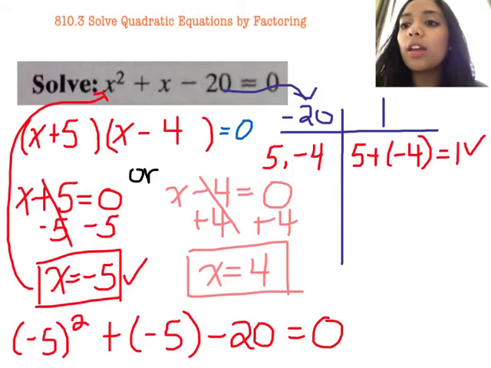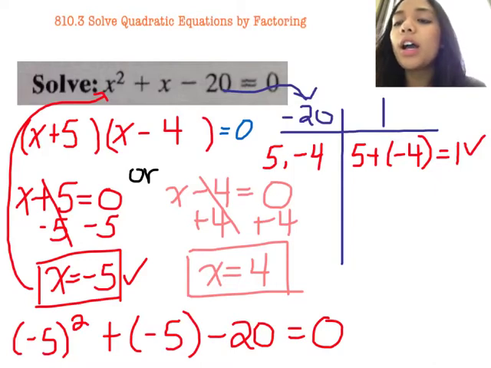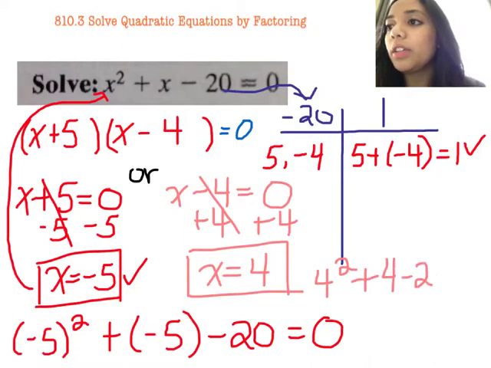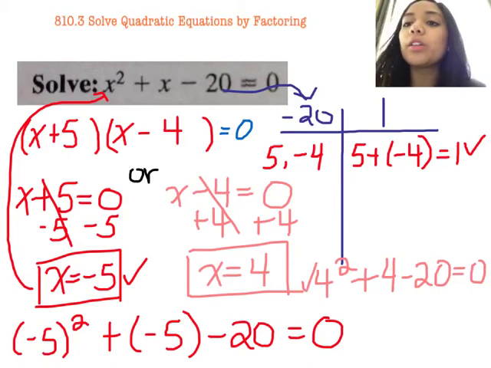And then let's go ahead and do x equals 4. So I'm going to go ahead and do 4 squared plus 4 minus 20 equals 0. That's 16 plus 4 is 20 minus 20 equals 0, so that one works.